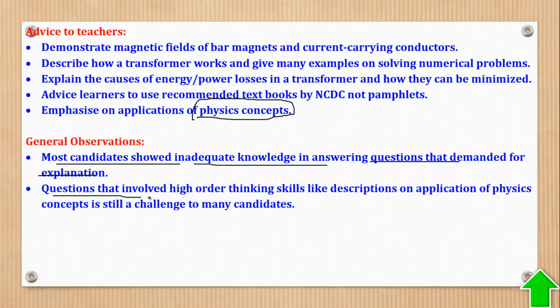Then questions that involved higher order thinking skills, like descriptions on application of physics concepts, are still a challenge to many candidates. So I encourage you to adequately prepare for this UNEB so that you don't repeat the same mistakes which were made by those in the previous year.